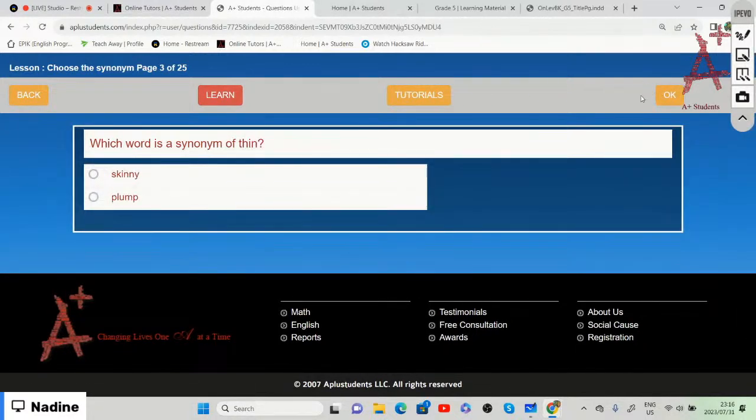Which word is a synonym of thin, right? So the synonym of thin, is it skinny or is it plump? These are words that are similar in meaning.